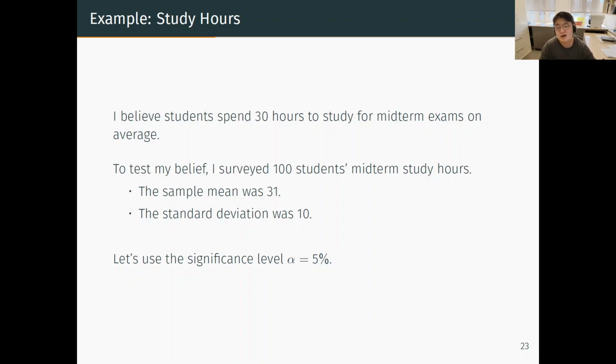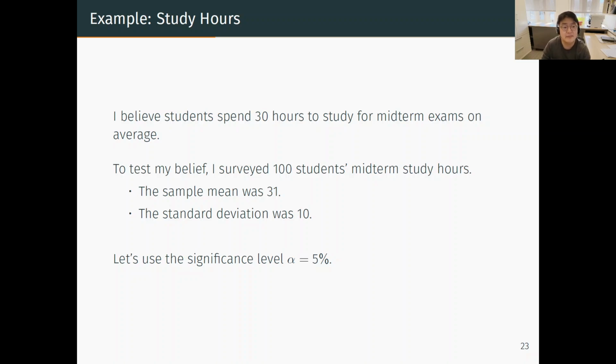I believe that students spend 30 hours to study for the midterm exams on average. So the average student spends 30 hours. That is my hypothesis, my belief, right? But I'd like to test it. I don't have any evidence why I chose 30 hours. It's just my feeling.